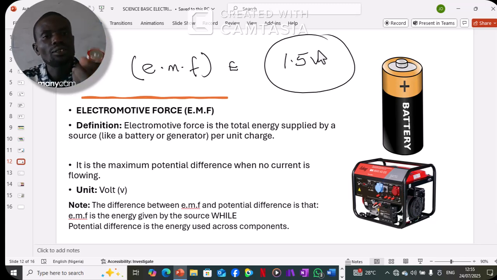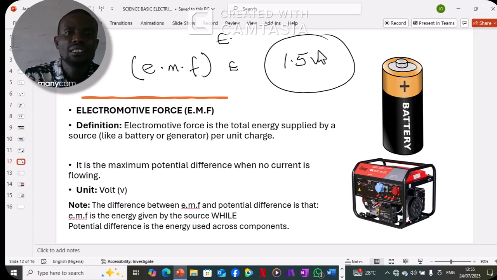The total energy inside this battery, when it is not connected to an external circuit, is called EMF, or electromotive force. So for this battery, E is equal to 1.5 volts. That's the total energy of a battery. The total energy supplied by a source, it could be a battery or a generator, is called EMF.